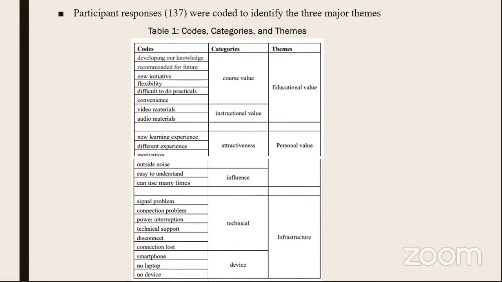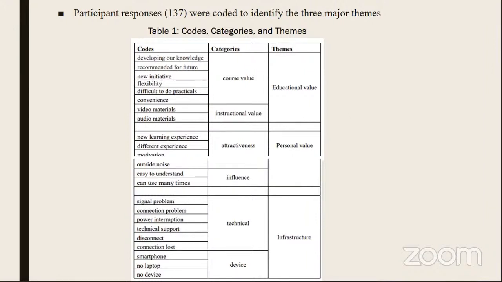The educational value theme was discussed under two categories, course value and instructional value. Under the course value category, topics such as developing their knowledge, recommendation for future initiatives, flexibility, and convenience were discussed by the students as benefits, and difficulty of doing practicals was the negative aspect that surfaced.